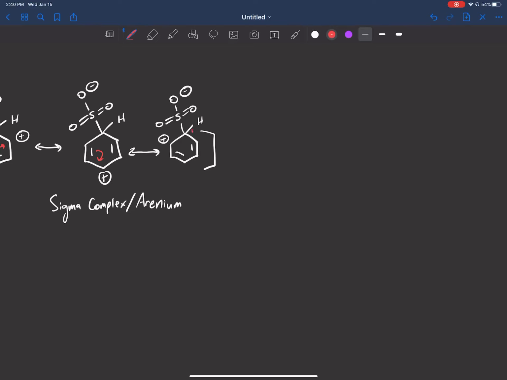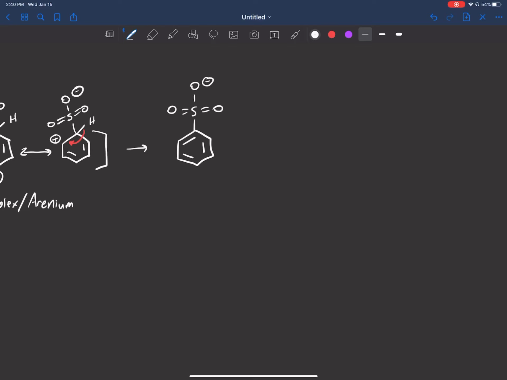So this double bond collapses downward, and we're going to get this as our product. This is our new double bond: S, 2 double bonded oxygens, and that O minus.